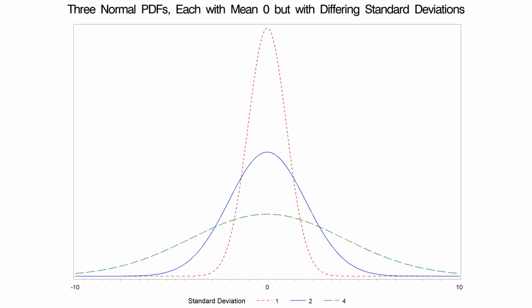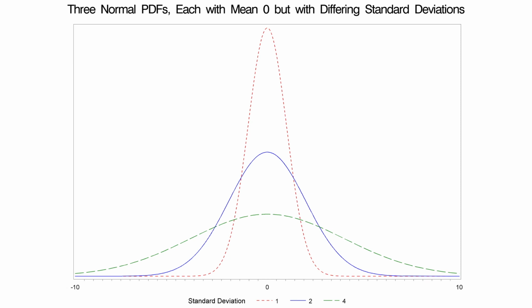The blue curve is the PDF for the normal distribution with a mean of 0 and a standard deviation of 2. And then finally, the green curve is the PDF of a normal distribution with a mean of 0 and a standard deviation of 4.